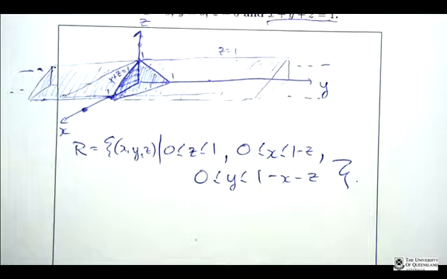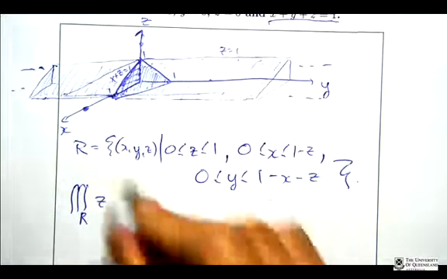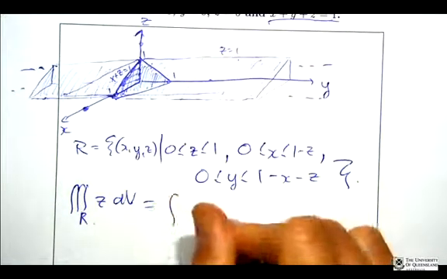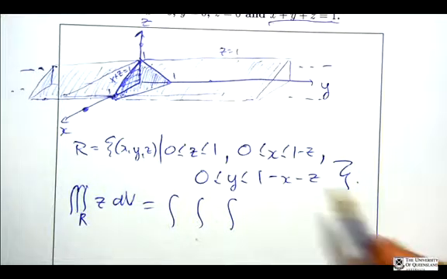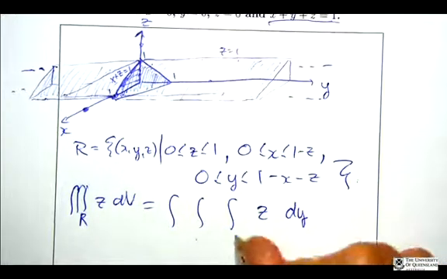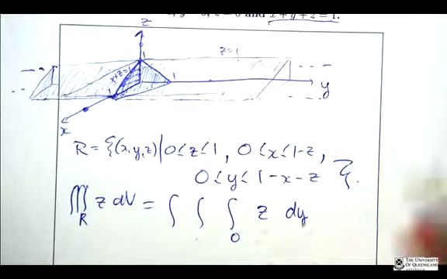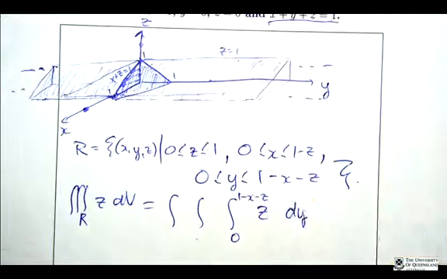Now I can apply Fubini's theorem and write down the triple integral of this function z as an iterated integral. Now, the order I've chosen means we first integrate the function z with respect to y from y equals 0 up to 1 minus x minus z.